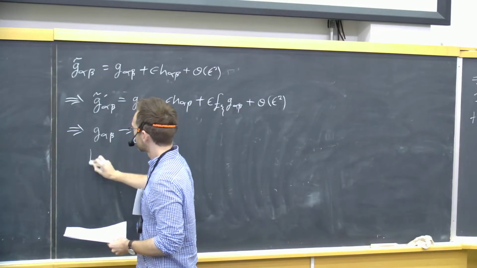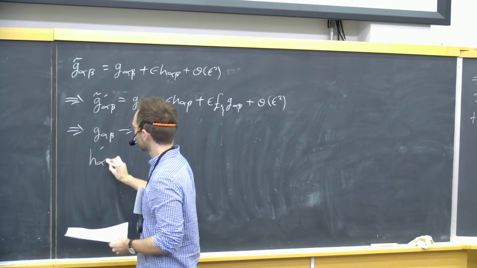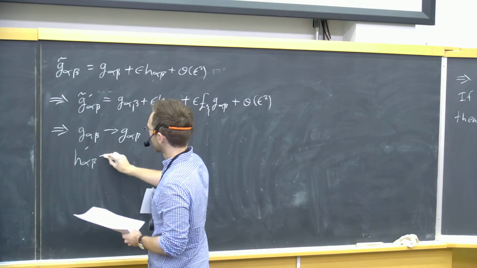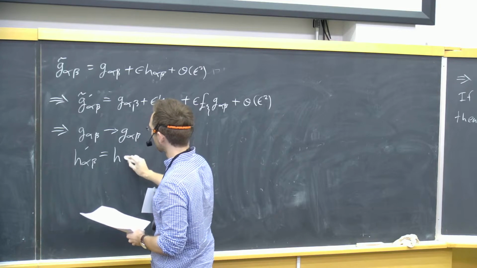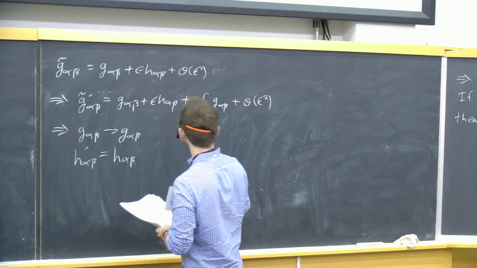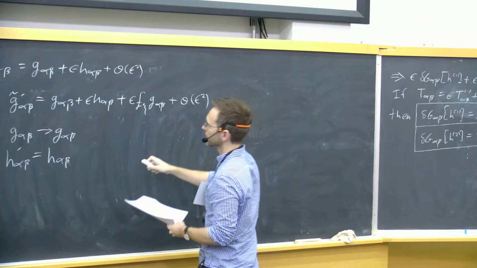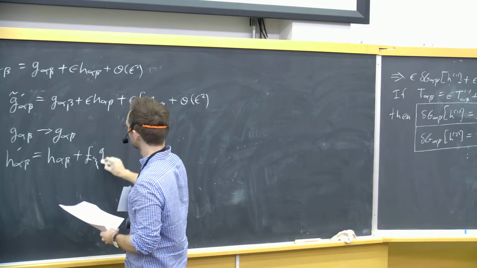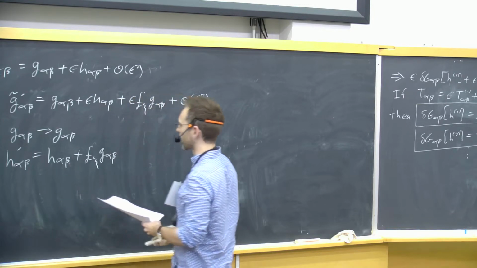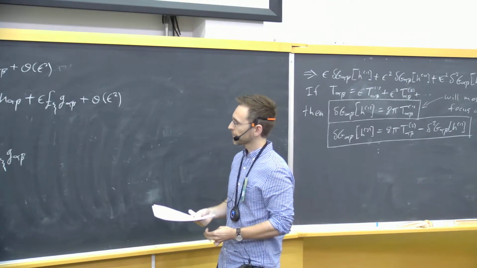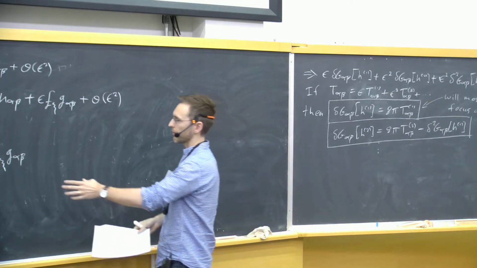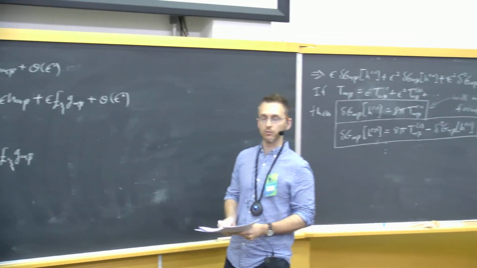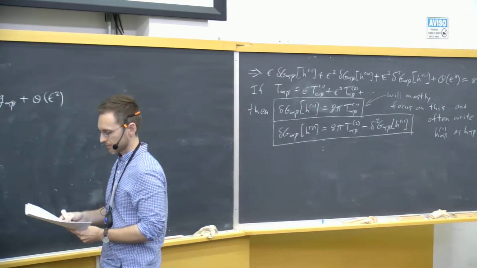But h prime alpha beta is equal to h alpha beta, the old perturbation, plus this new piece, the Lie derivative of the background. So this is how a linearized perturbation transforms under a gauge transformation. You can extend this to any order you like.